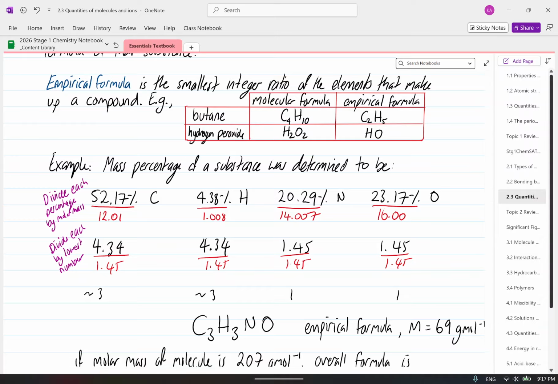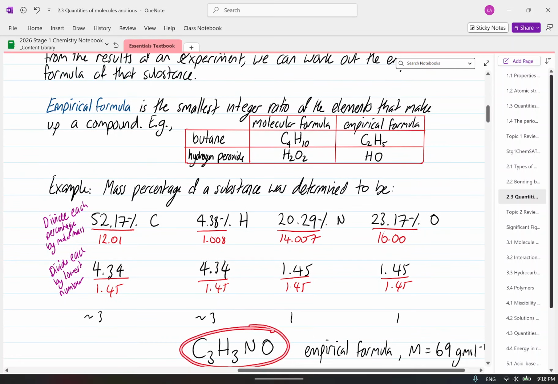Now, a question will also add, once you've calculated the empirical formula, what the actual molar mass of the real molecule is. So if the molar mass of this unit is 69, the real molar mass for the actual molecule will be some whole number multiple of that.